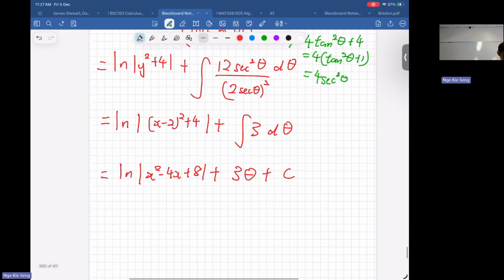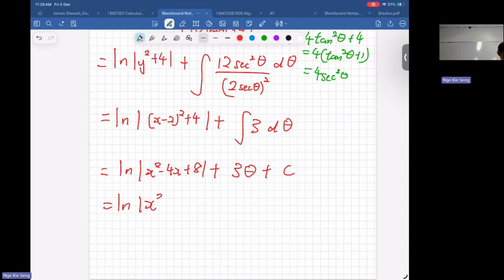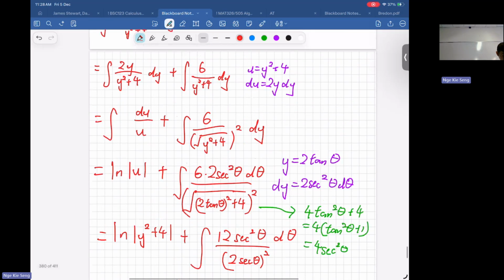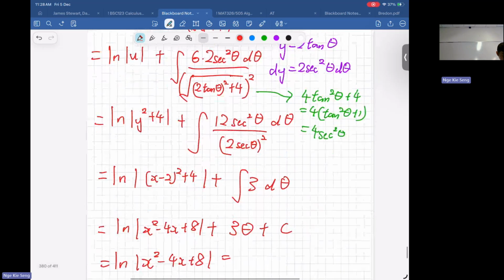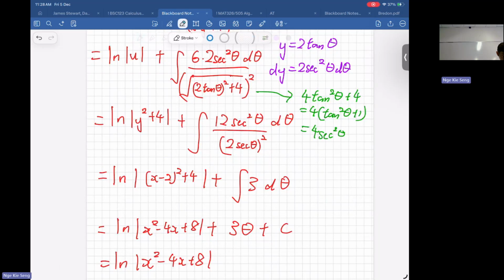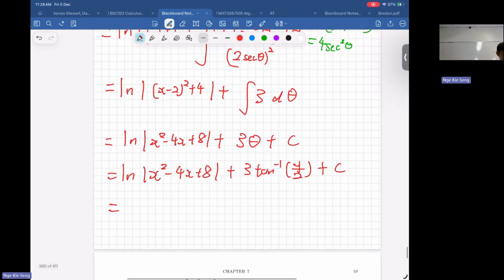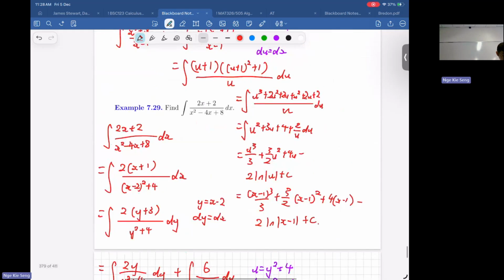But what is theta here? Okay, so we need to substitute everything back into x. So theta here is 3 times tangent inverse of y over 2. Okay, but y is not x yet, right? So what is our y? Our y is x minus 2.